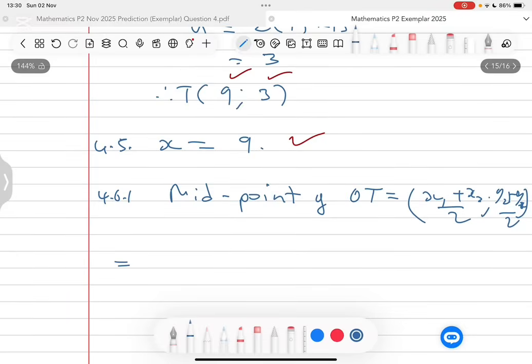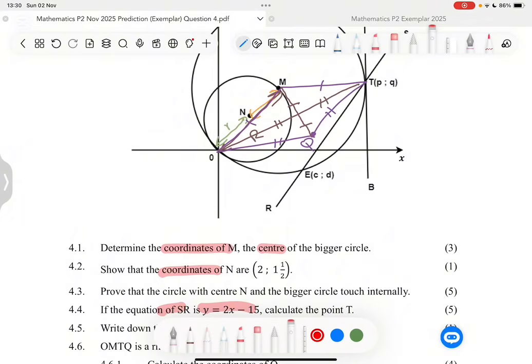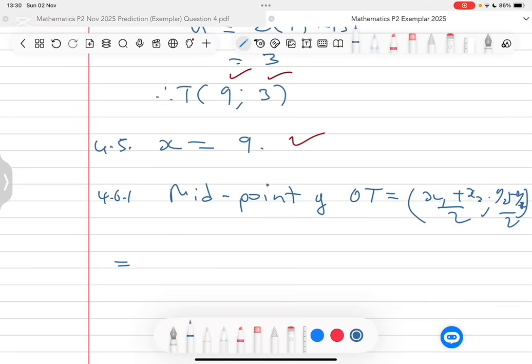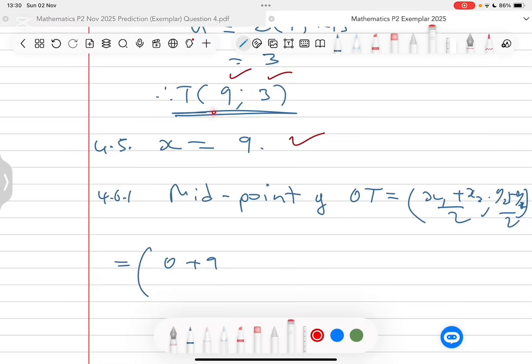And this now means I'm going to substitute the coordinates of these 2 points here. Remember, this is 0, 0. Here I'm having the 9 and the 3 is this one here. So it means when I substitute here, I'm going to have the 0 plus the 9, and we are going to divide this by a 2.